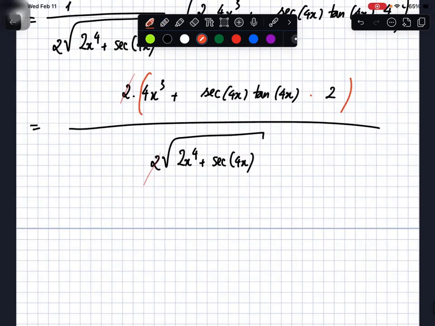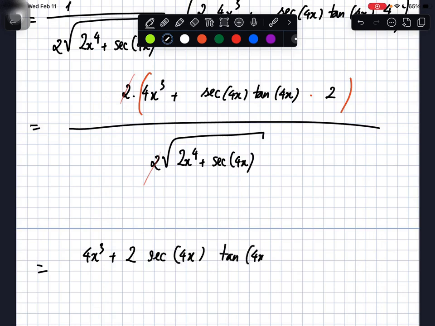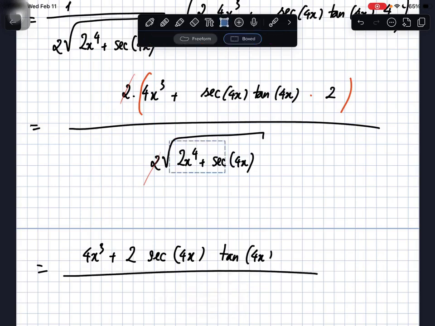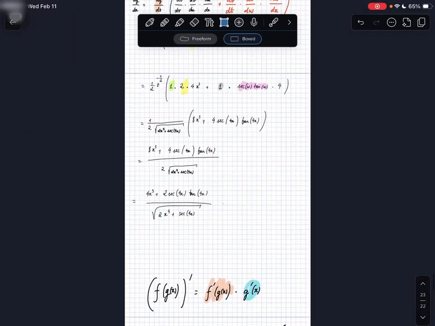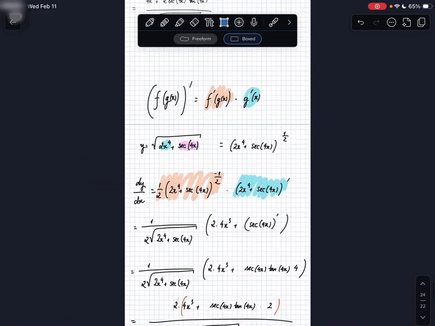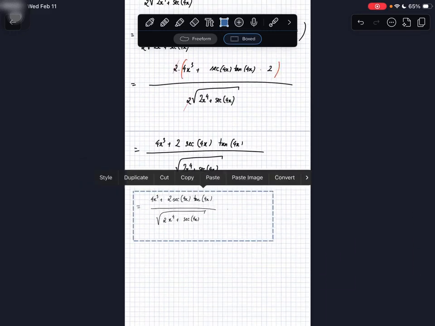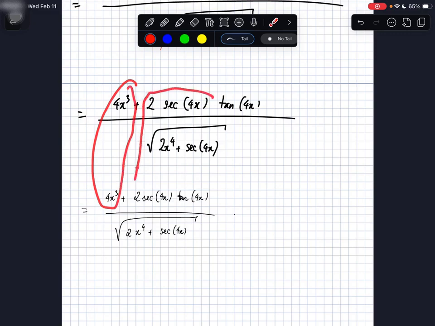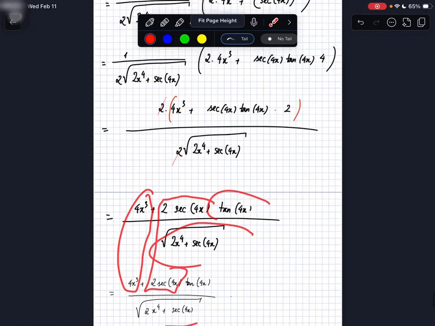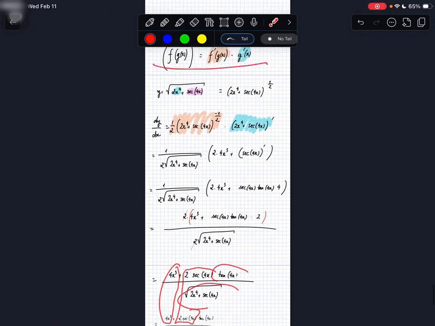What you have at the end is 4x cubed 2 secant 4x tangent 4x over square root of this. So let's compare with the first one. We get the lengthy way of writing with this one. From next time, just remember this formula, and this will be enough.